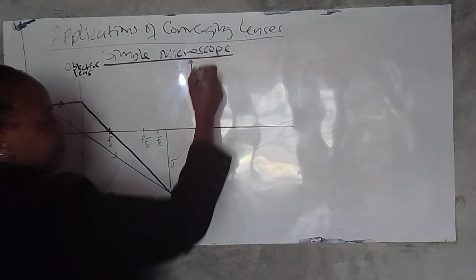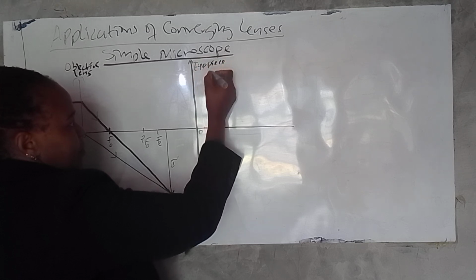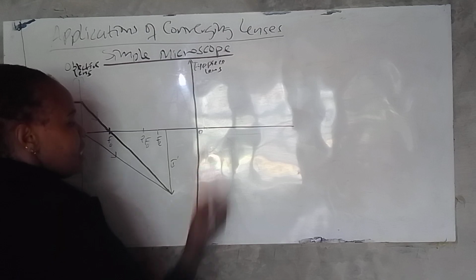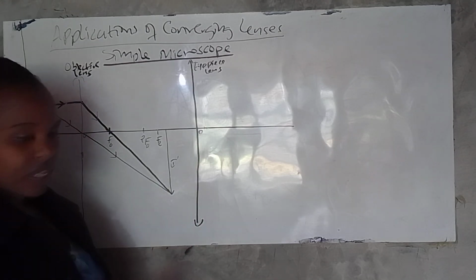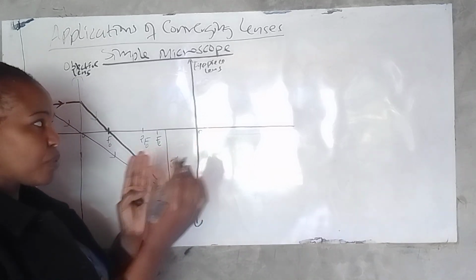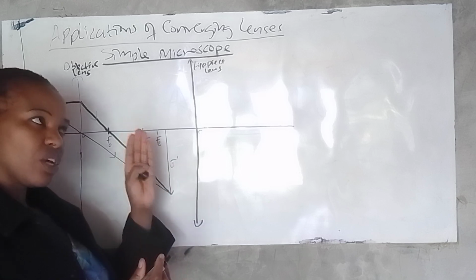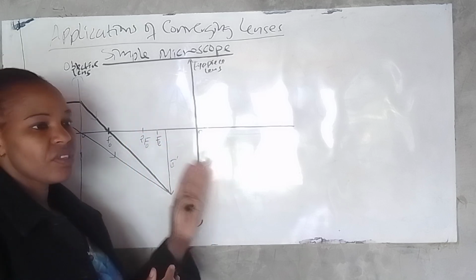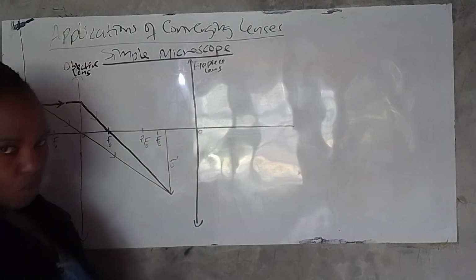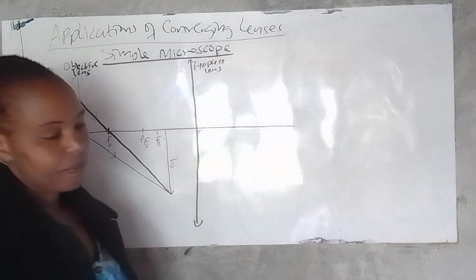Not only that, it is the object of the eyepiece, and you are putting the eyepiece in such a way that the object is falling between the principal focus of the eyepiece and its optical center O. Now by now I know you are getting where we are going with this.